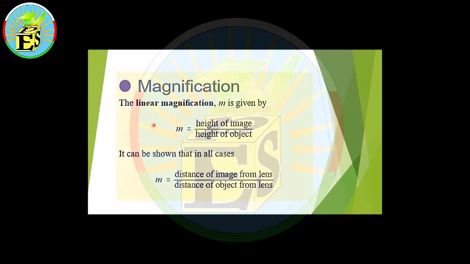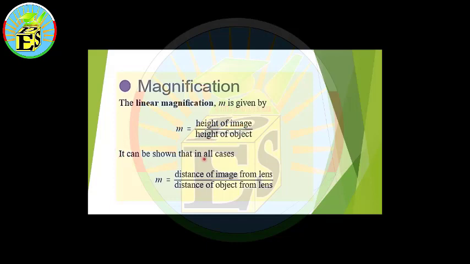The linear magnification M tells us what happened to the image: whether it is smaller or larger. Linear magnification equals the height of the image divided by the height of the object.